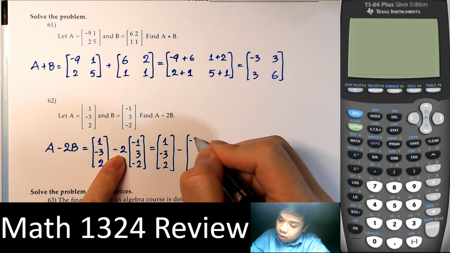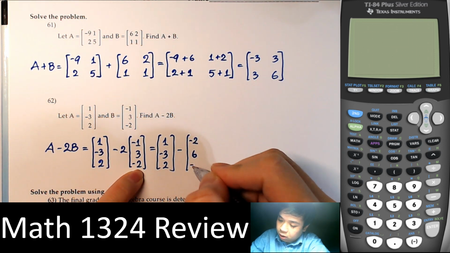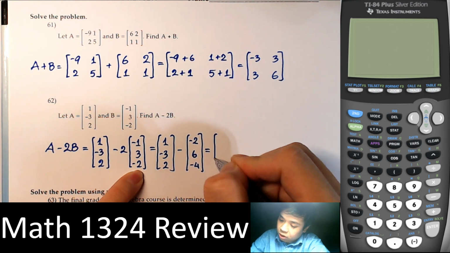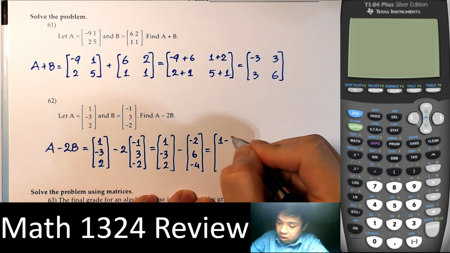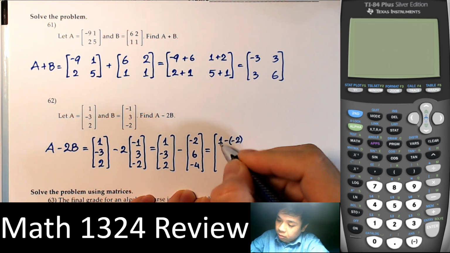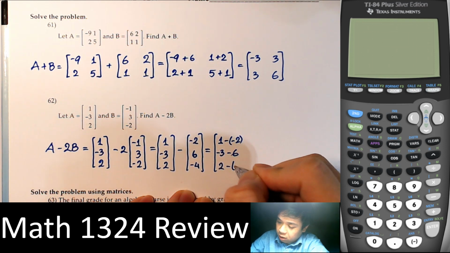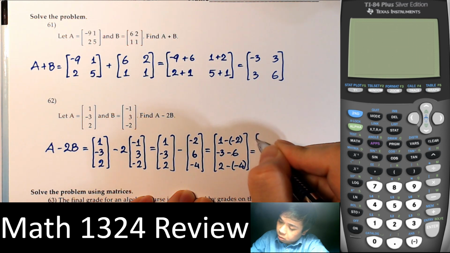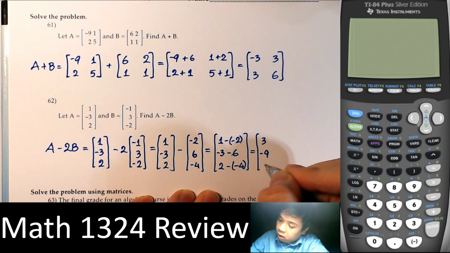So negative 2, 6, and negative 4. And then we subtract the corresponding entries, 1 minus negative 2, negative 3 minus 6, 2 minus negative 4. Three, negative 9, and 6.